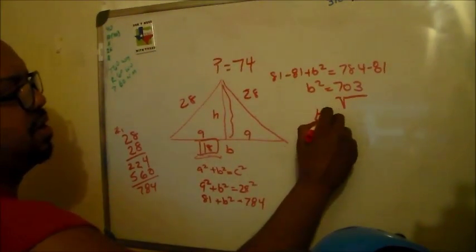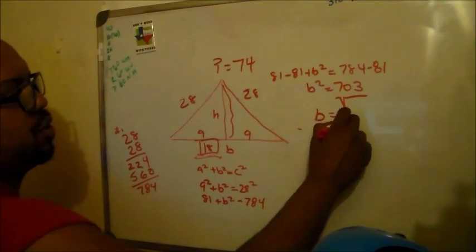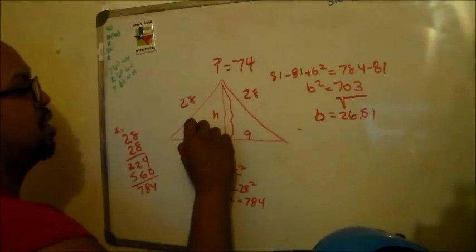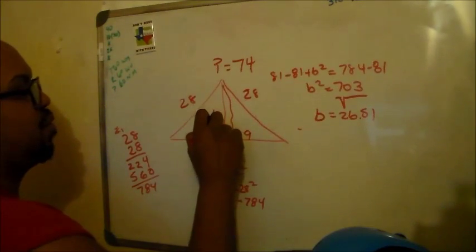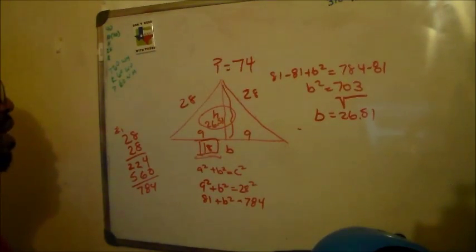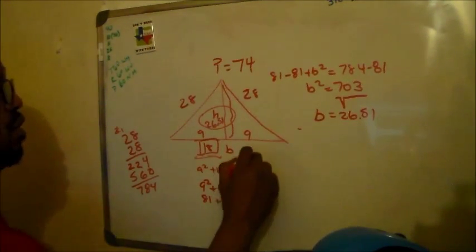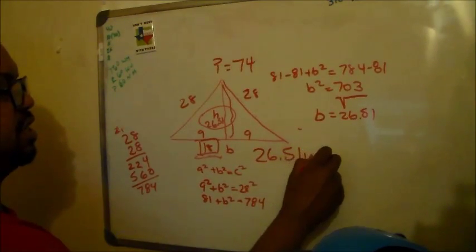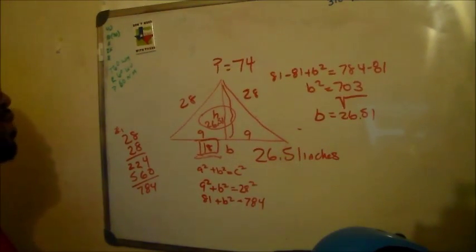So b is equal to 26.51 inches. And that is our answer. That is the height of that triangle, 26.51 inches.